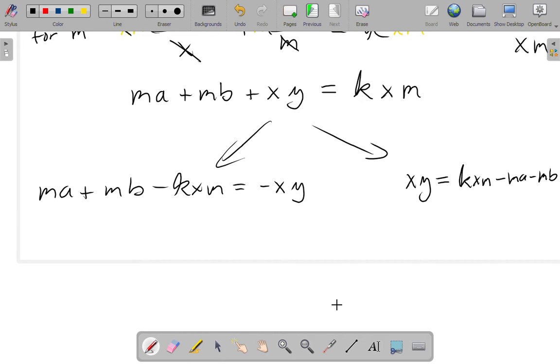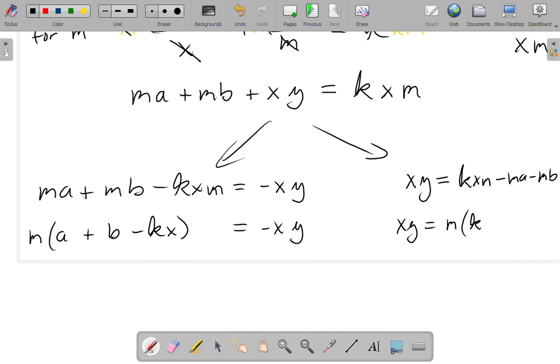All right. So the next step is, once you have the variable you're solving for on one side, you factor that variable out of all those terms. M times A plus B minus KX. This one over here would look like M times KX minus A minus B. And then anybody remember the last step?